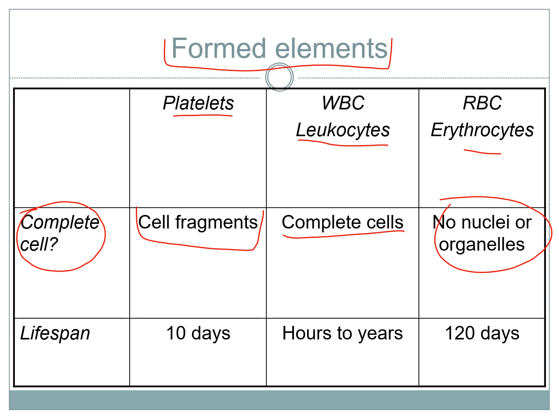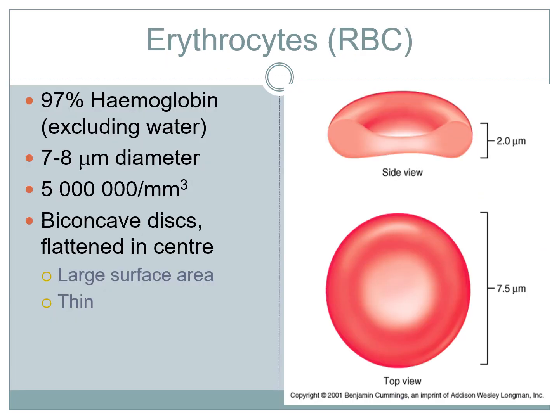So we'll start with the largest percentage-wise of all the formed elements, and that is our erythrocytes. So red blood cells, they're quite unique in nature, realistically. Now their obviously main role is the transport medium for your gases. So it's made up of 97% hemoglobin.